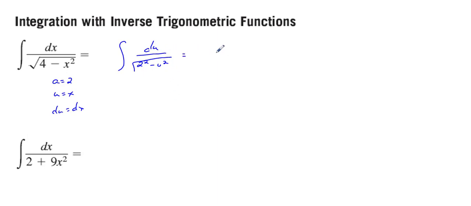So that would be arc sine of u over a. If you don't remember, go back and look. What was the sine? Yep, u over a. U is x, a is 2, then plus c. And that's it.